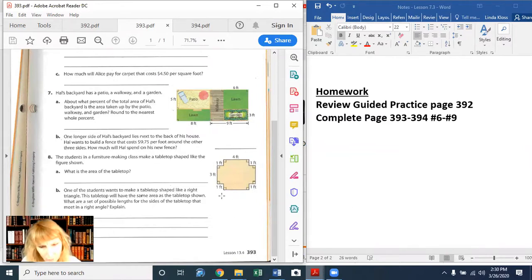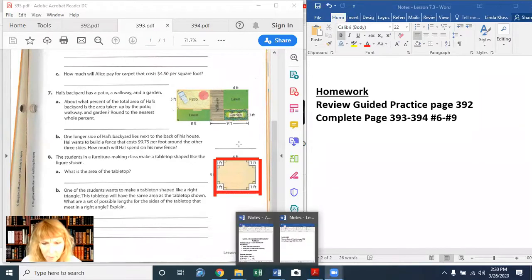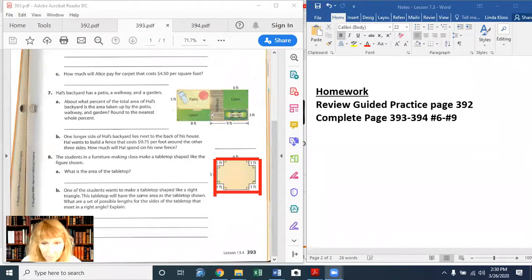So you're going to have to extend out the rectangle all the way across and all the way down, like that. So you're going to have to find the area of the whole thing. And then you're going to have to subtract out each corner.